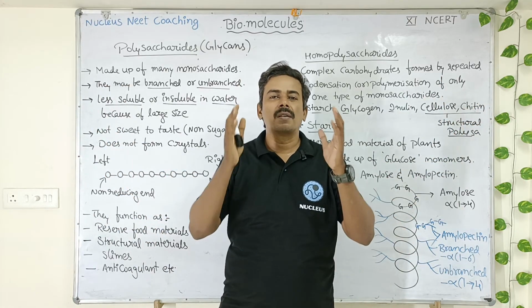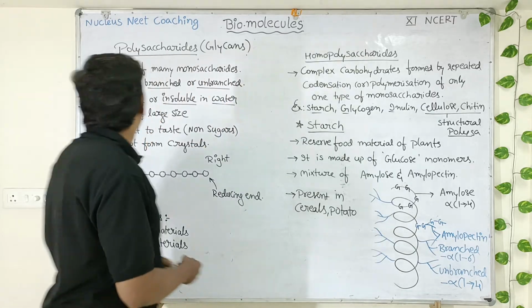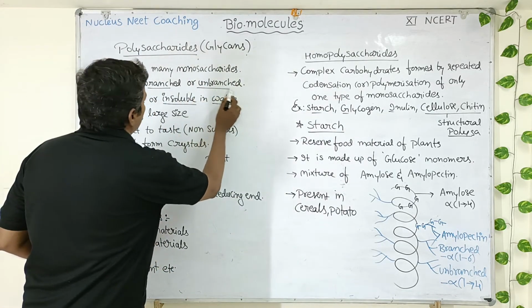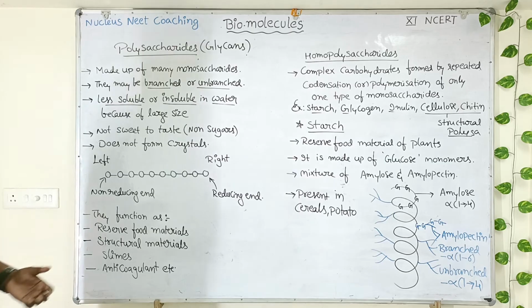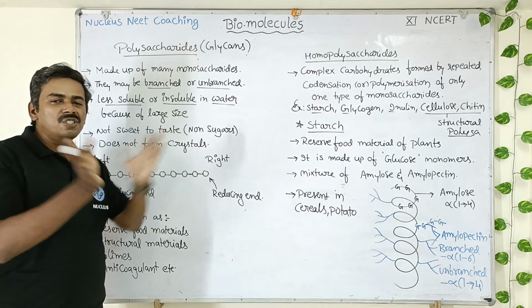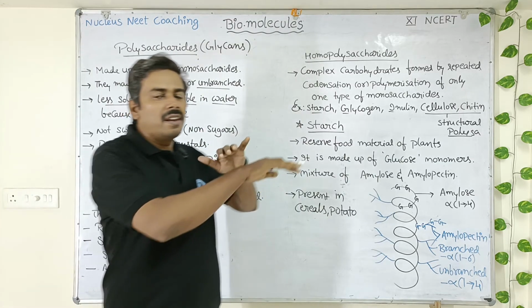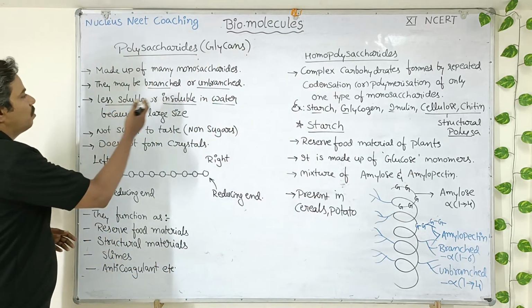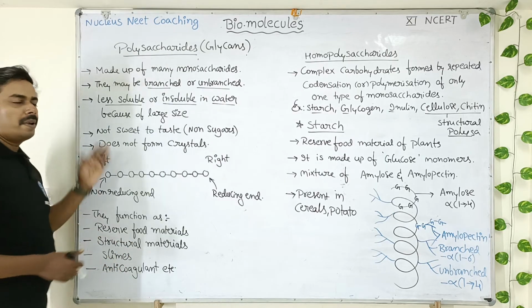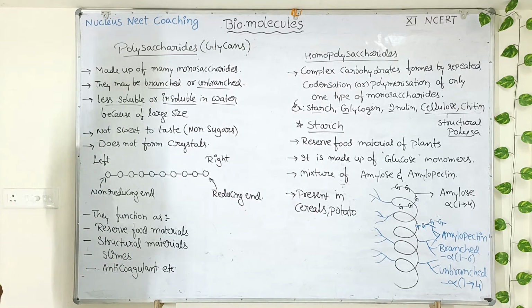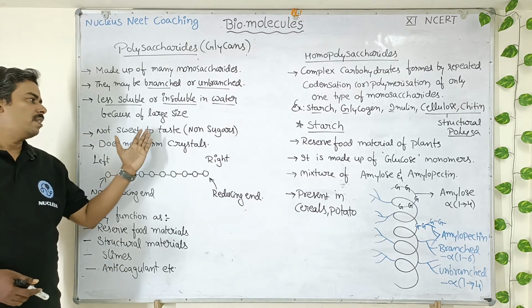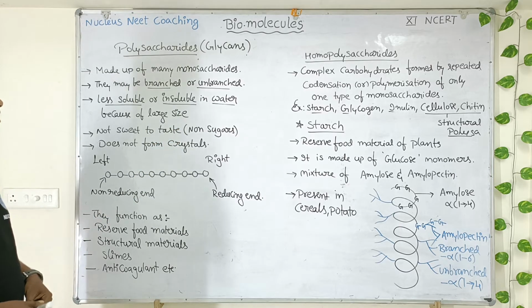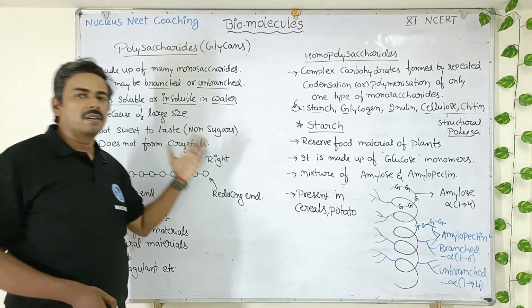We call them as polysaccharides, and they may be branched or they may be unbranched. Some of the polysaccharides have branched structure, some may have a linear structure without any branch, and they are less soluble or insoluble in water, mainly because of their large size, and they are not sweet to taste. That's why they are also called as non-sugars, and they do not form crystals.